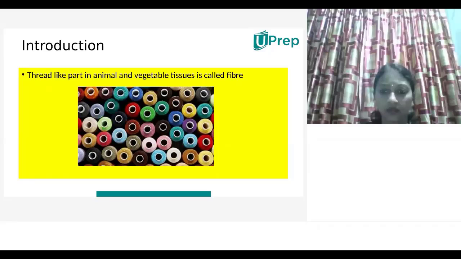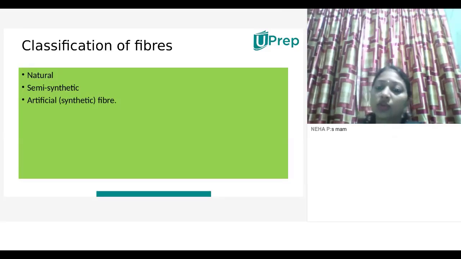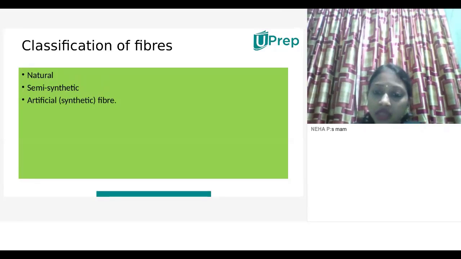Natural fibers are obtained especially from plants and animals. Plant fibers are mainly obtained from the cellulose of the plant, which is the main raw material for the synthetic fibers.